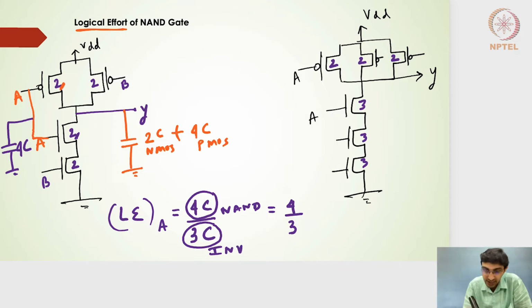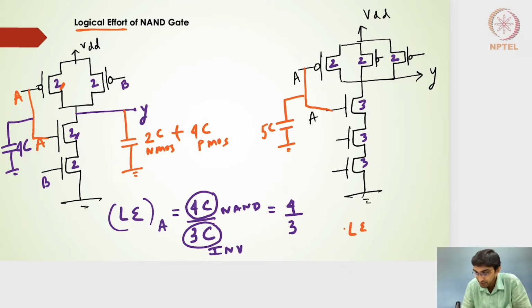So at the input side, because it's the same input, the overall capacitance is 2 plus 3, which is 5C. So the logical effort by definition, for the input A, is 5C capacitance seen for this particular gate, and that of the inverter's input capacitance will be 3C, so I'll get 5 by 3.